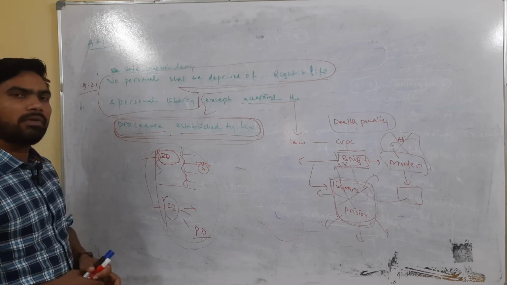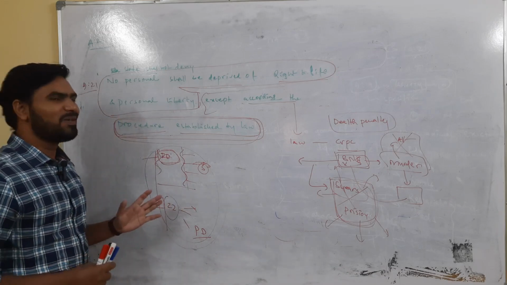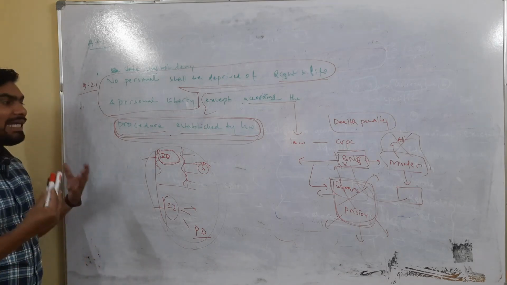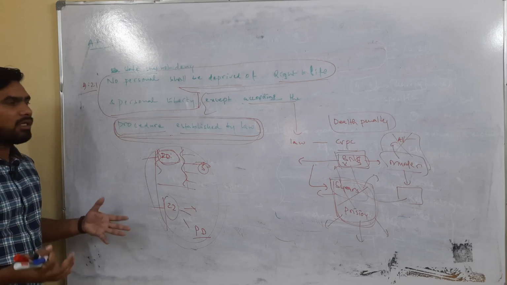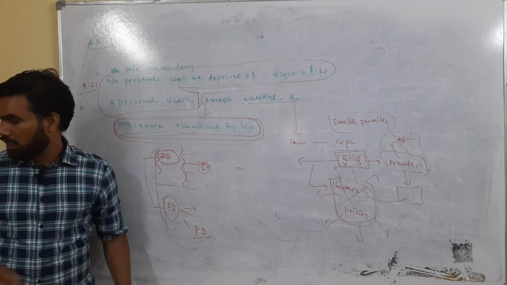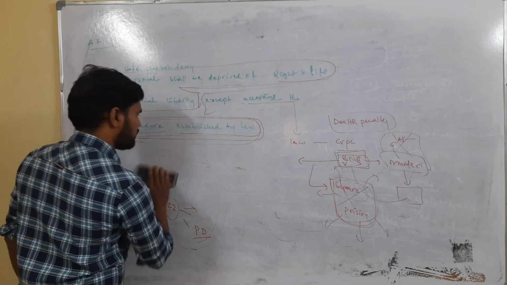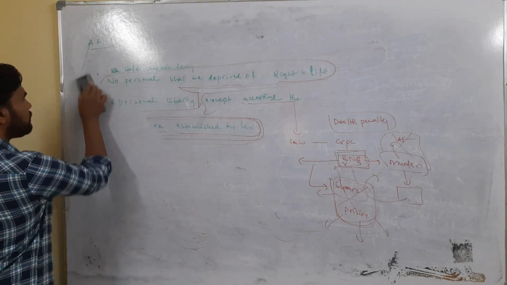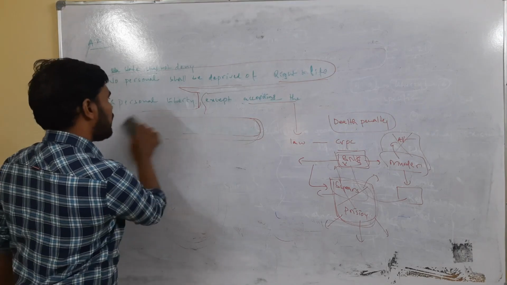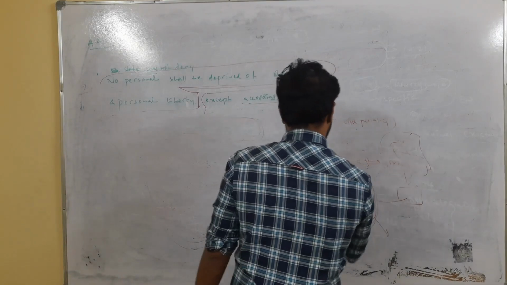In this way we have to study all the articles in a comprehensive manner. Then only you will understand the actual intention, what the constitutional makers actually thought. Okay, so now we will go forward. But before that, we have to discuss one more thing.